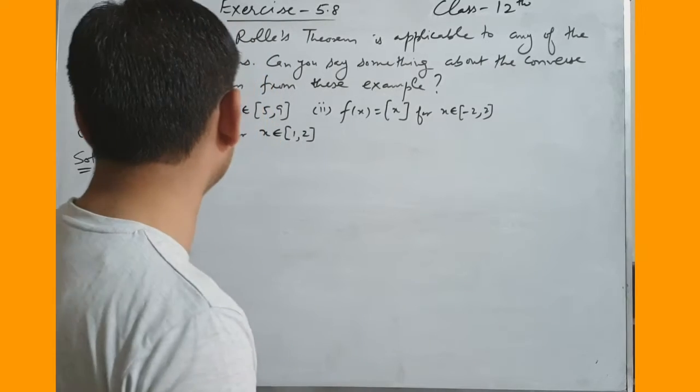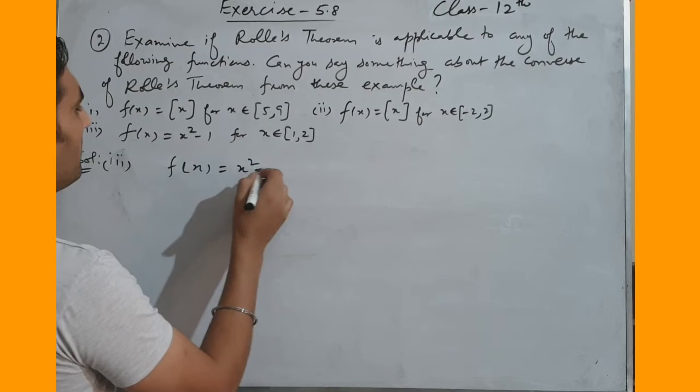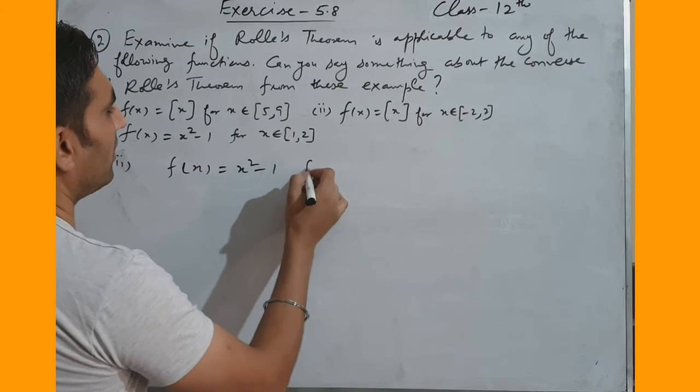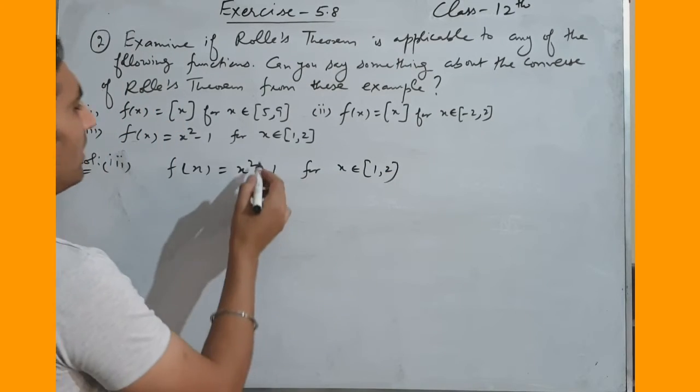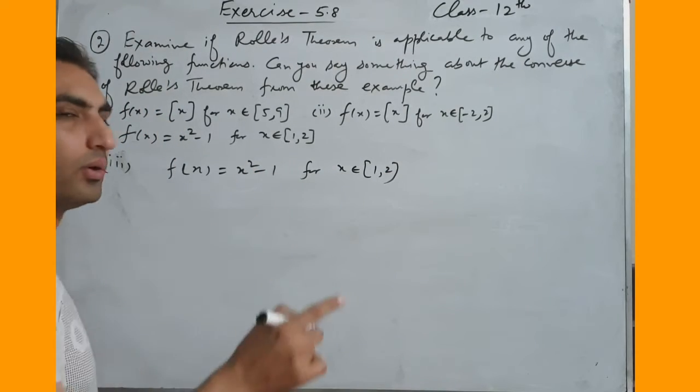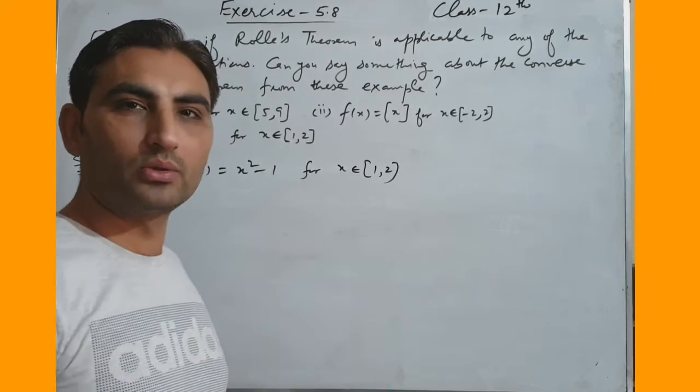Students, our third part is f x equals x square minus 1, given for x belonging to the closed interval 1 comma 2. See, this is a polynomial, and you know we discussed in question number 1 that polynomial functions are continuous and derivable.